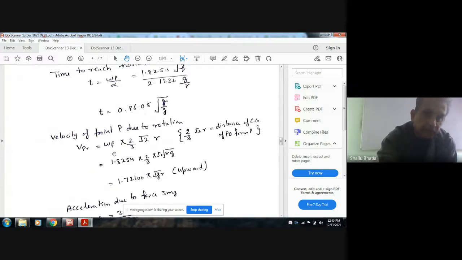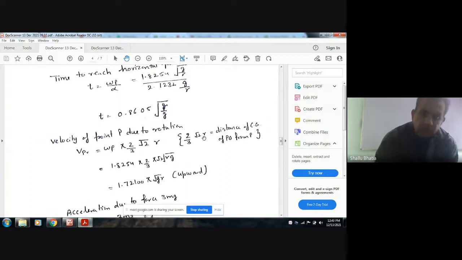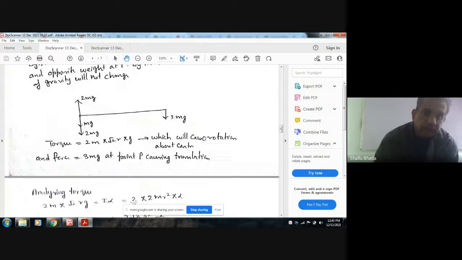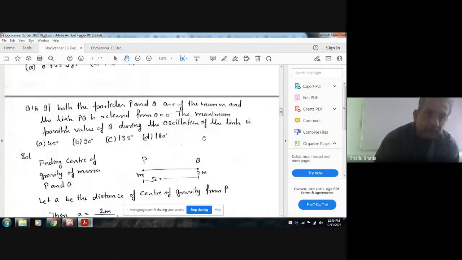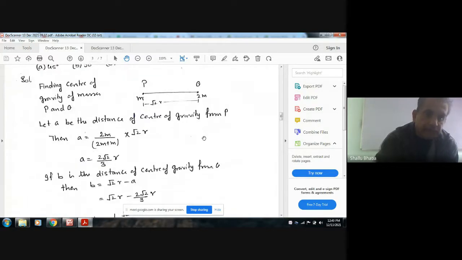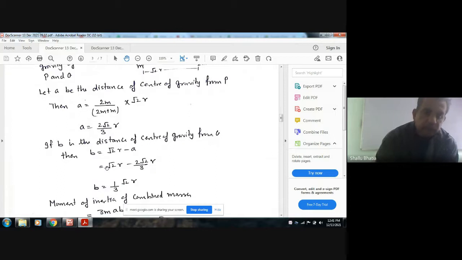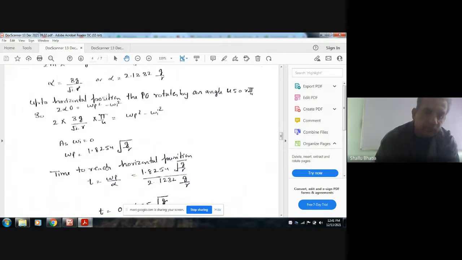The center of gravity is at 2 root 2 r by 3. So the link will rotate about this point.